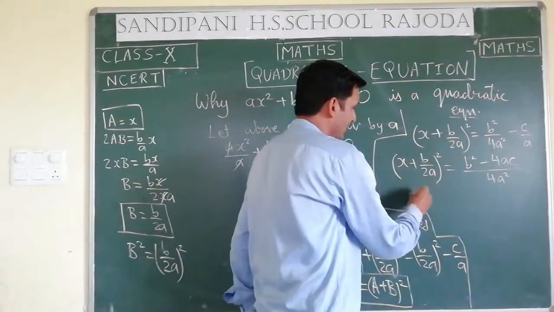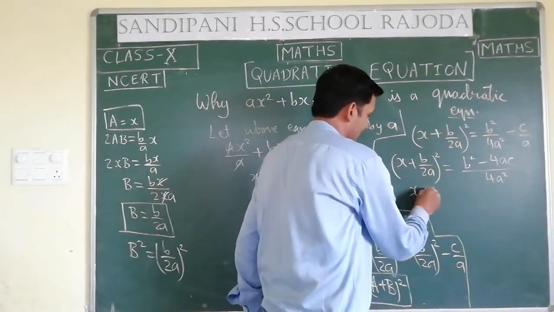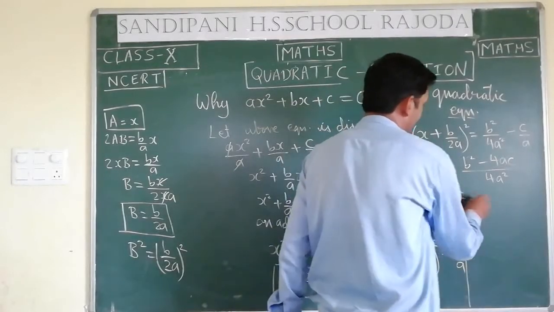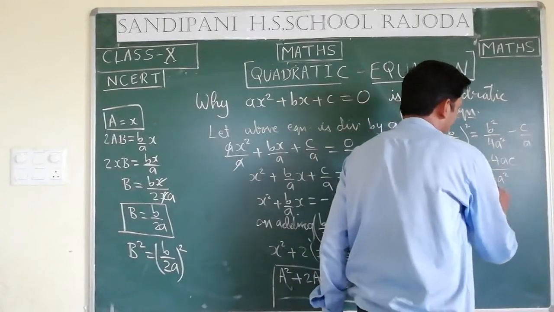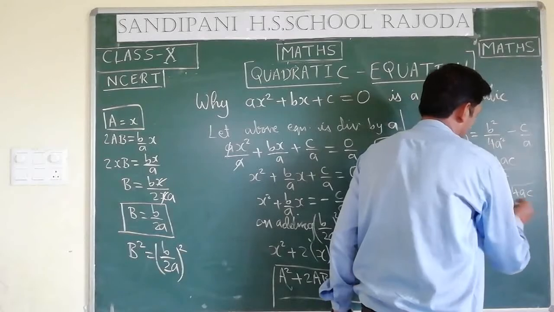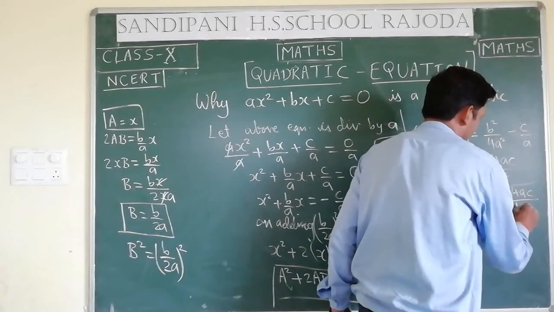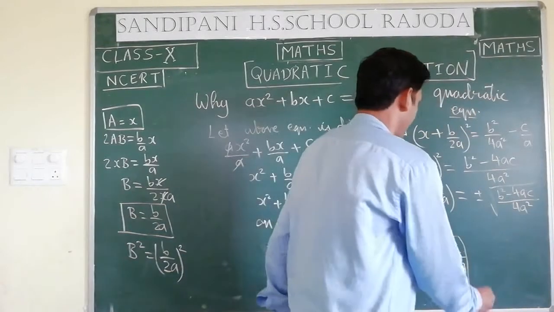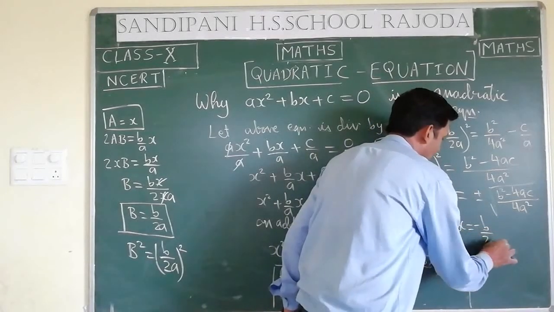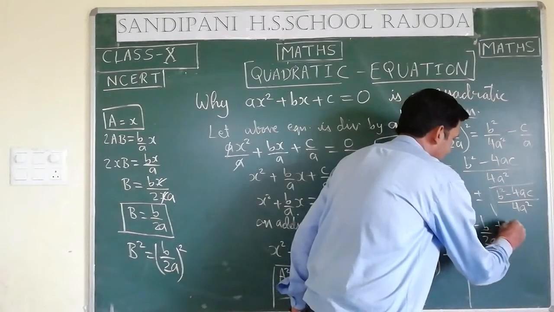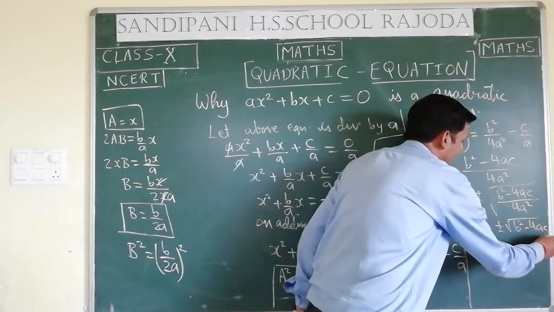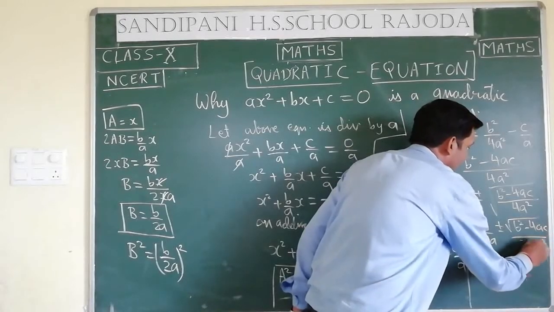If we remove square sign from here, then it will be equal to plus minus under the root b square minus 4ac upon 4a square. So we may write it in this manner, minus b upon 2a plus minus under the root b square minus 4ac upon 2a.